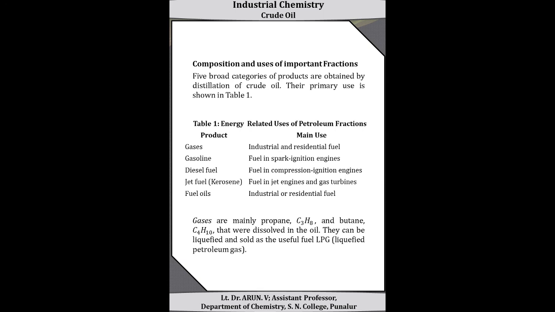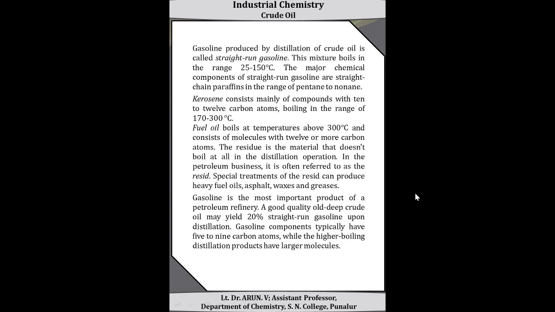The first broad category, gases, mainly consists of propane and butane, and they are in the dissolved state. They can be liquefied and sold as useful fuel as liquefied petroleum gases.